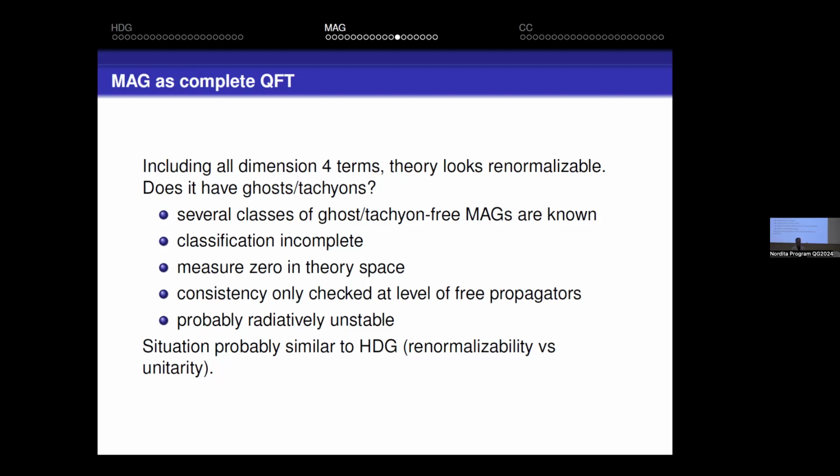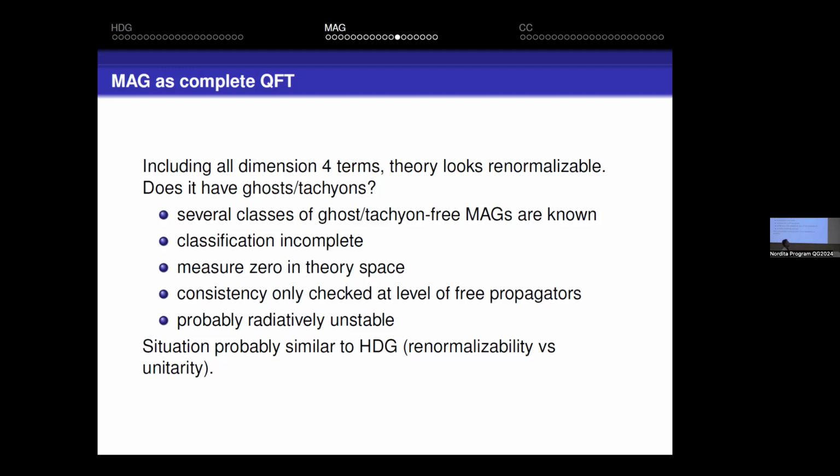So you have a parameter space that is parameterized by all the couplings in the Lagrangian, and only for special choices of parameters will you have ghost and tachyon freedom. Since there are so many terms, the classification is incomplete. Nobody has a complete understanding of the structure of this.